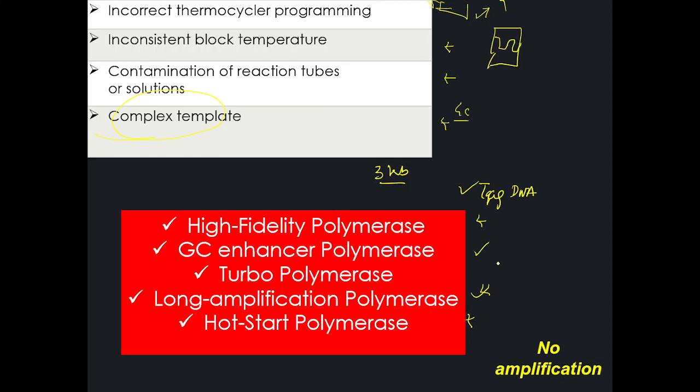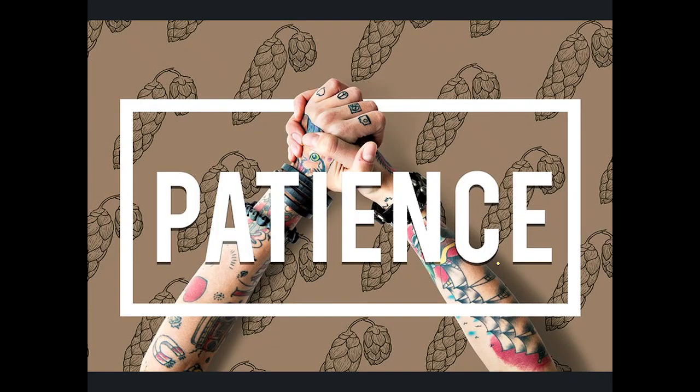Dear friends, I would like to tell you that problems in laboratories might occur, but what is more important is your attitude, your thinking. That's why it is always said that patience is one of the keys. Whatever problems occur, you should be patient.